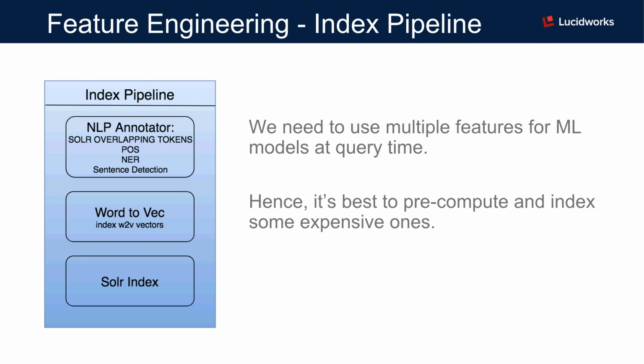Common NLP features like part of speech and named entity recognition are incorporated into the NLP annotator stage. Those annotations are indexed as Solr overlapping tokens. Word2Vec is a new stage implemented in Fusion, which runs a pre-trained Word2Vec model on text to get its vector. It indexes vectors as an additional field.